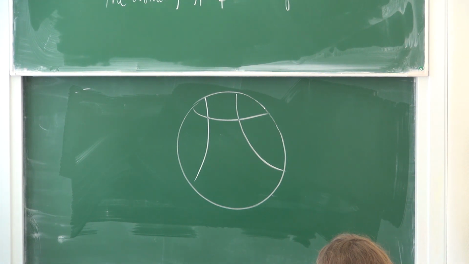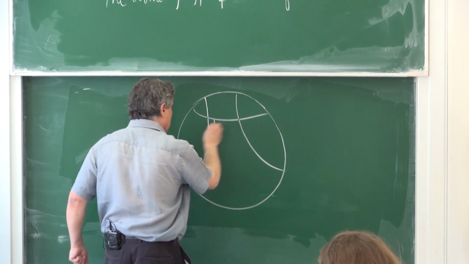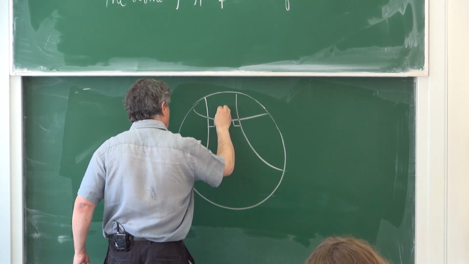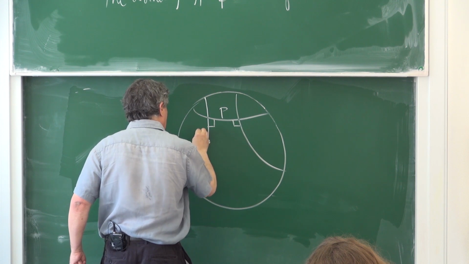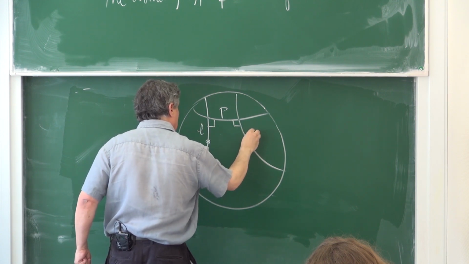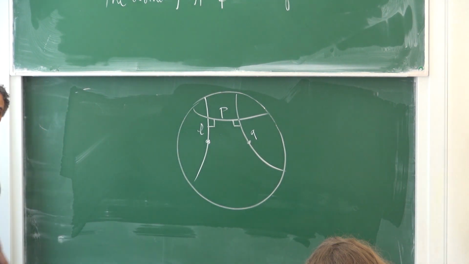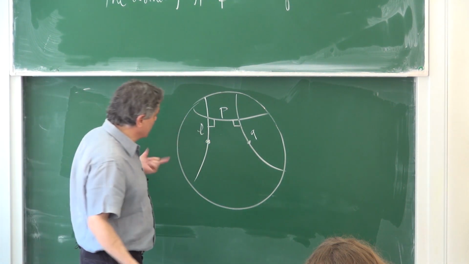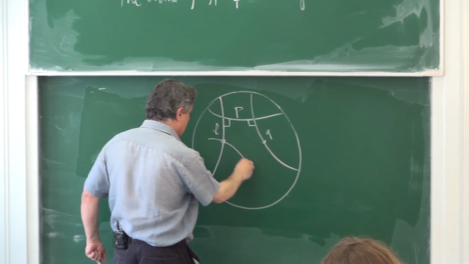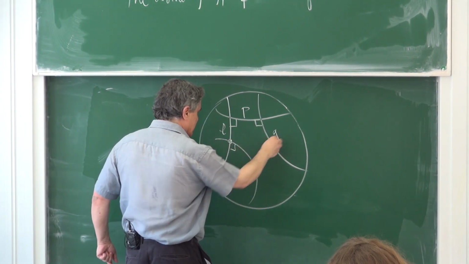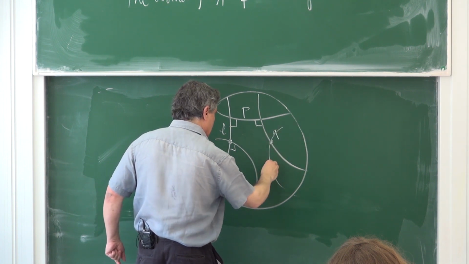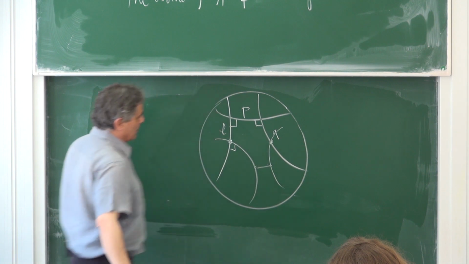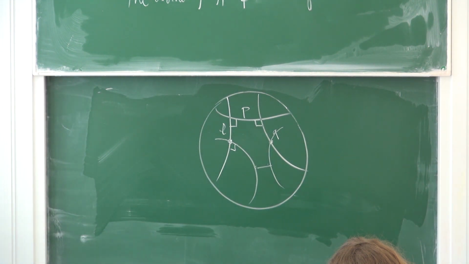This one, and this one, and this is P, and I know L, and I know this distance Q. And this completely determines the rest of the hexagon, because here I'm taking a perpendicular geodesic, here I'm taking also a perpendicular geodesic, and then the third one is just the unique geodesic connecting them. These are useful parameters, but not the most useful parameters in the study of hexagons.